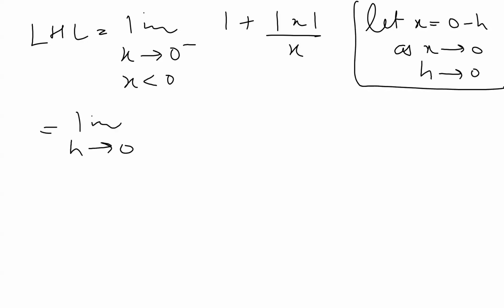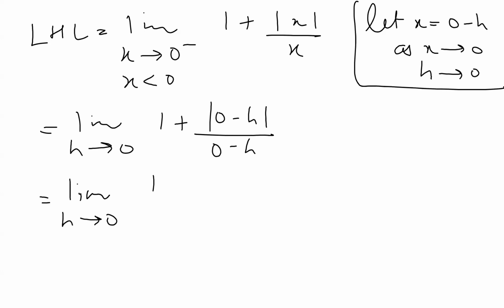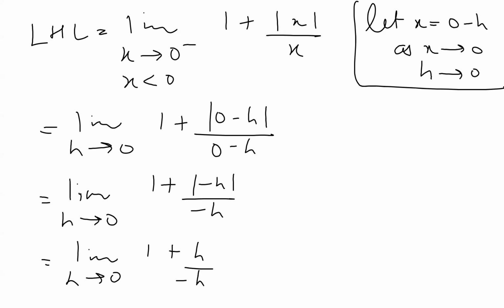So limit h approaches 0, 1 plus modulus of minus h upon minus h, because 0 minus h is minus h. Now modulus of minus h is h, and this is minus h. So 1 plus and minus will become minus, h will get cancelled. So this is equal to 0.